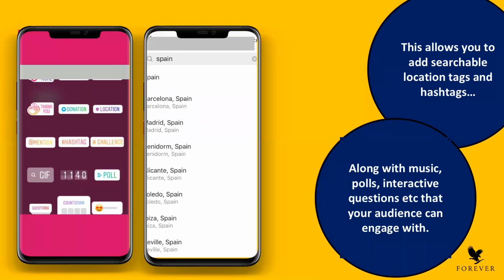So this is hugely, hugely underused, but you also have the option here to mention other people. You can tag other people in your stories. You can use the GIF to add some fun little moving images. You can add the time, you can add questions, and this is going to massively help with people interacting with your stories and allowing you to engage with your audience.